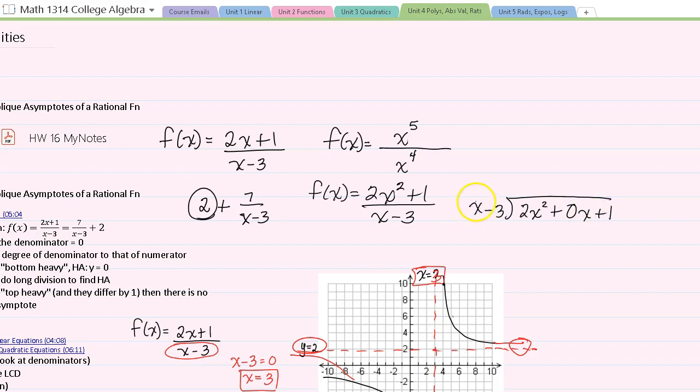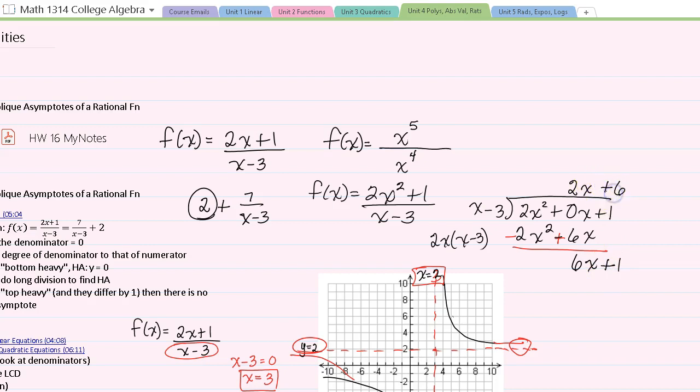X times 2x will give us 2x squared, so we put 2x above the 0x term. Multiplying 2x times x minus 3, we get 2x squared minus 6x. We subtract by changing the sign and adding to get 6x. Bring down the 1 and see that we need to multiply by 6 to get 6x.